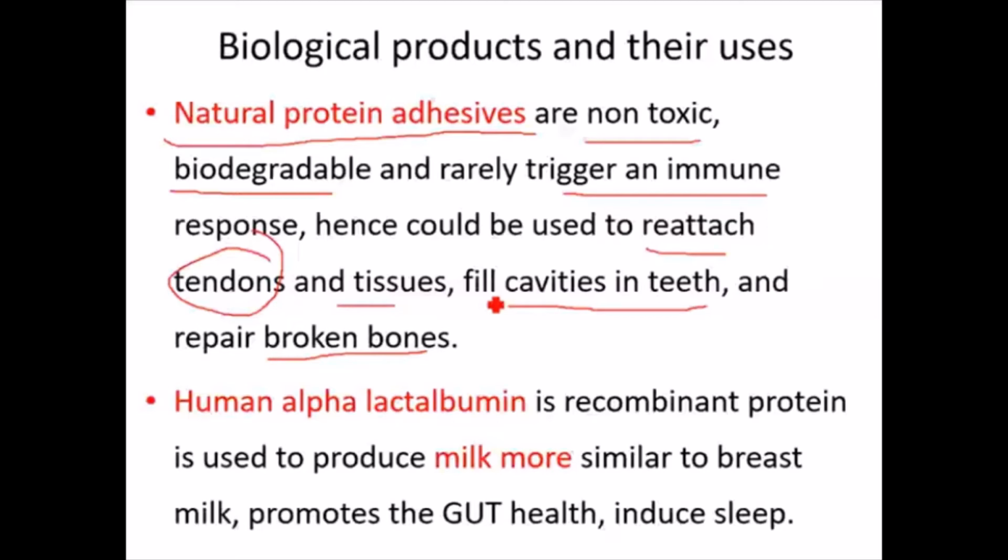Such a combination is used to seal the cavity of the tooth in what is called root canal treatment. That's adhesive protein. Tendon is used to attach the muscles with the bone. Ligament is the connective tissue that connects two bones. Okay. Already you know that.